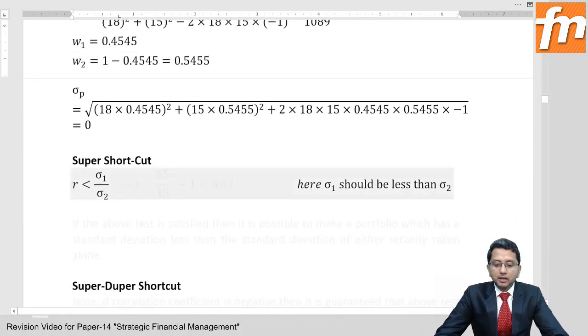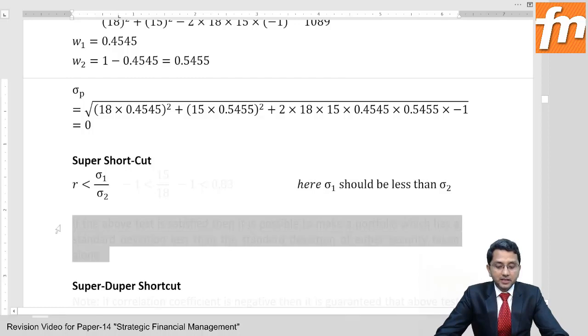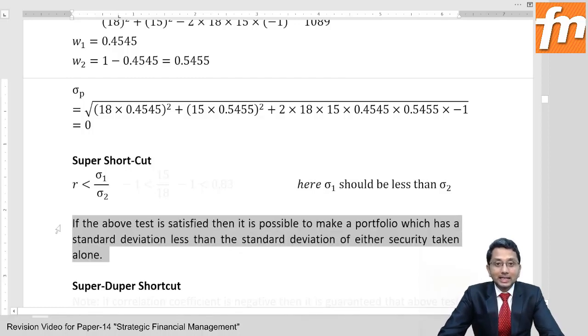If sigma 1 upon sigma 2 is greater than the correlation coefficient, and this test is satisfied, then it is possible to make a portfolio which has a risk less than the risk of either security taken alone.